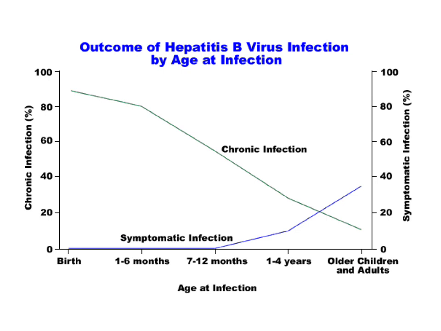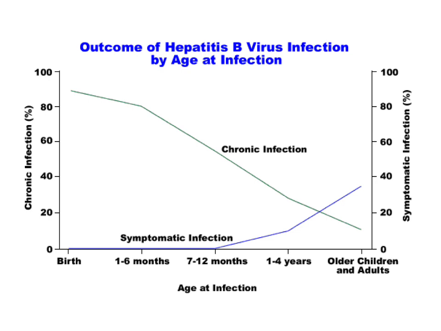The outcome of acute hepatitis B infection varies substantially depending on the age at which infection occurs. In children less than 5 years of age, less than 5% of acute hepatitis B infections are symptomatic.